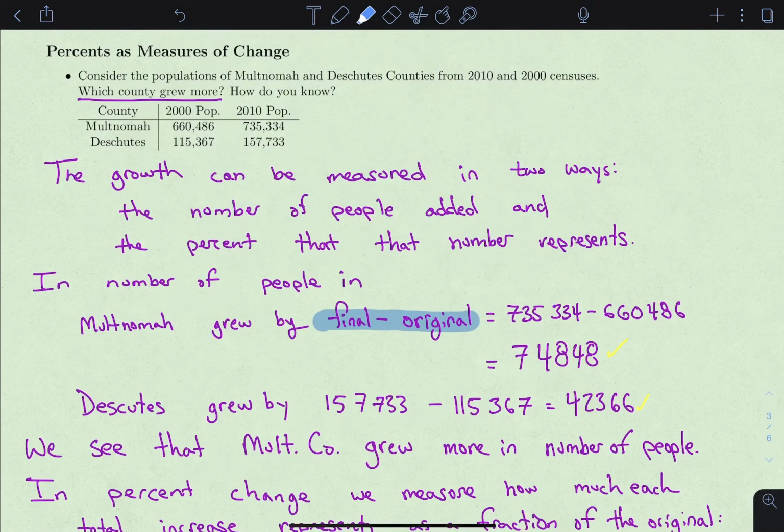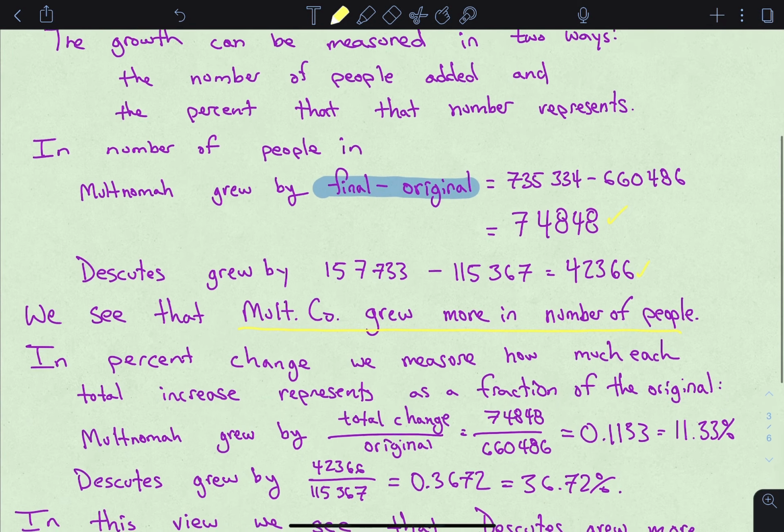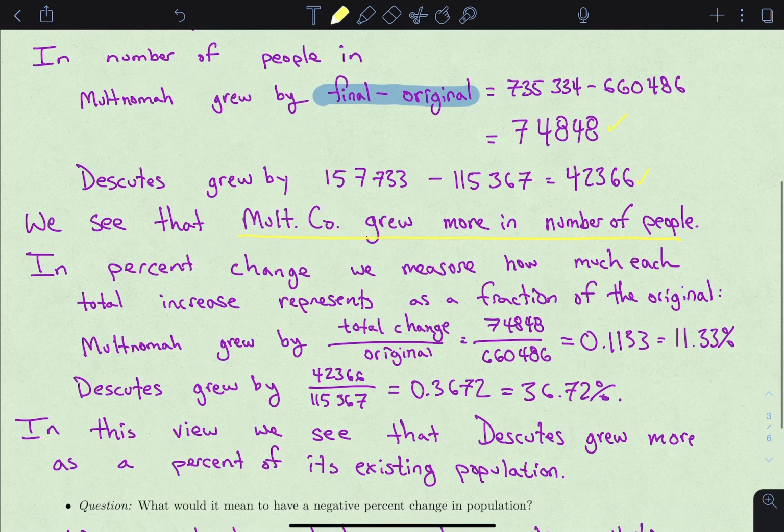And we found that Multnomah County grew more in the number of people. But when we looked at percent change, we found that Deschutes grew more as a percent of its original population. And we used this formula for that.